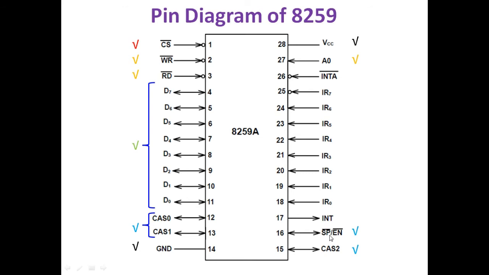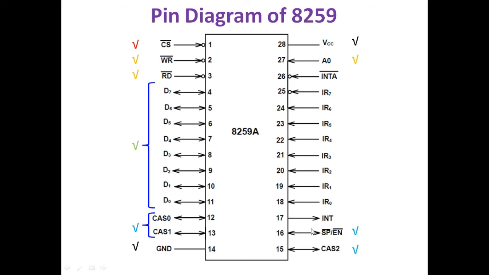Okay, and if this 8259 has to be configured as a slave, then this pin should be connected to ground. Okay, so SP bar slash EN bar is used to configure in which mode you are going to configure the 8259 as master or slave.